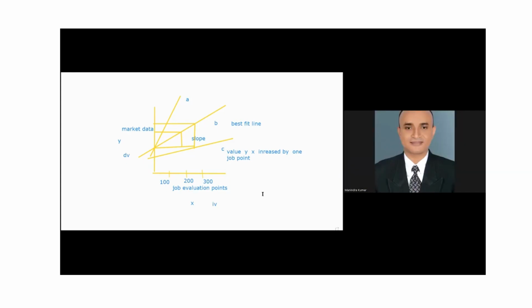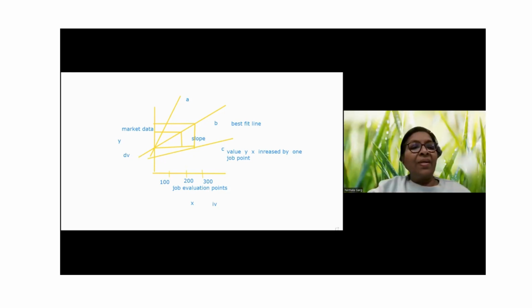A is higher, because if I draw that line, C is almost flat. Look at the slope of this one. A is the highest, then B, then C.